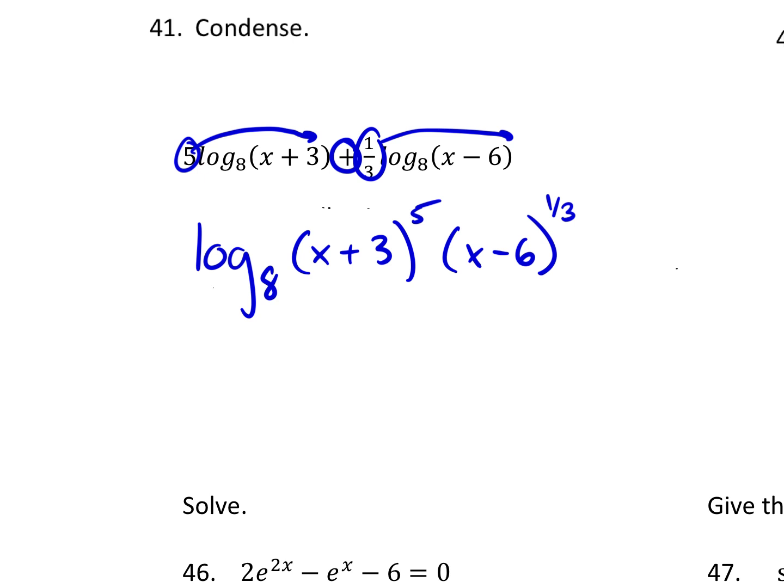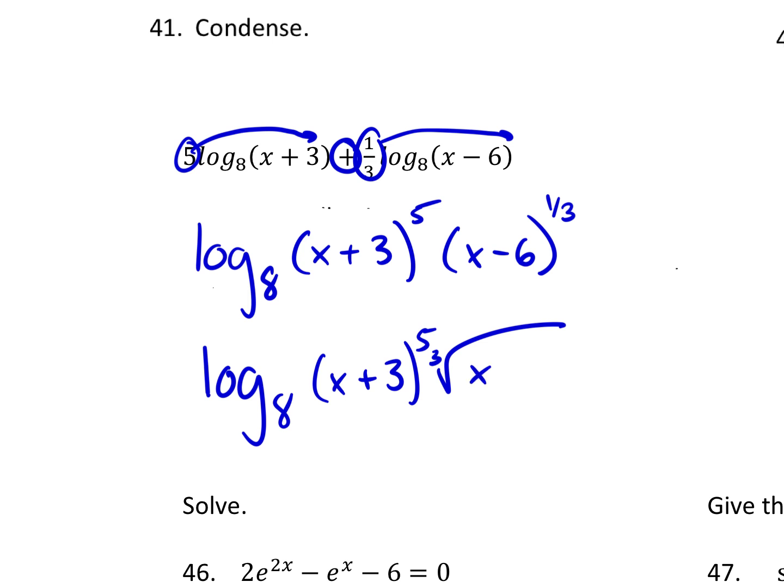It's multiple choice. It probably won't be written to the 1/3 power. It might be written like (x plus 3) to the 5th power times the cubed root of (x minus 6). So these are the same thing. The answer choice would probably be written like the cubed root and not the exponent there.